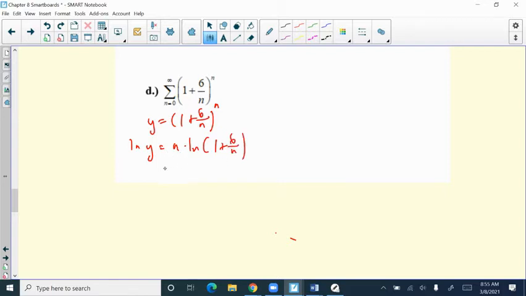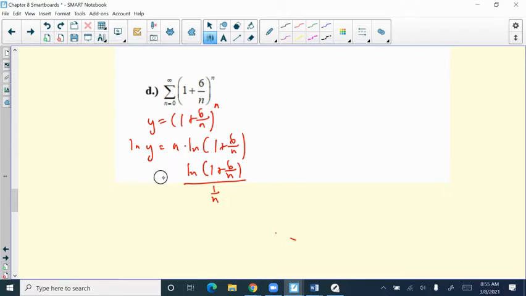Let's focus on the right side and write that n as 1 over n in the denominator. Now we can use L'Hopital's rule, because as n goes to infinity, the top becomes natural log of 1, which is 0, and the bottom also becomes 0.